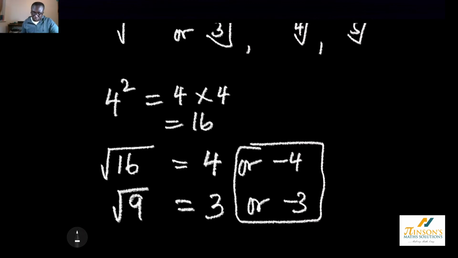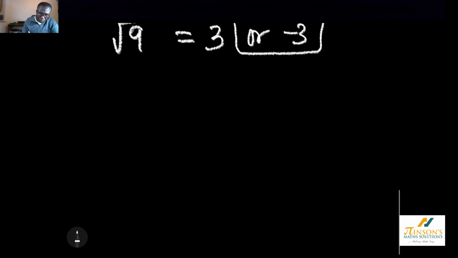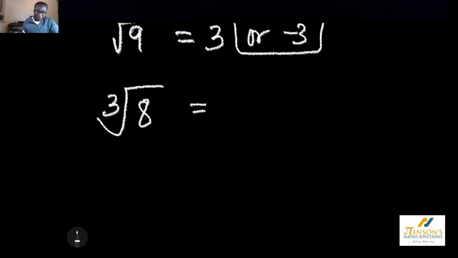These are called roots. If I want to find the cube root of 8, for example, what number will multiply itself 3 times to get 8? Is it 1? Let's check. 1 times 1 times 1 is 1, so it's definitely not 1. Is it 2? 2 times 2 is 4, times 2 is 8.